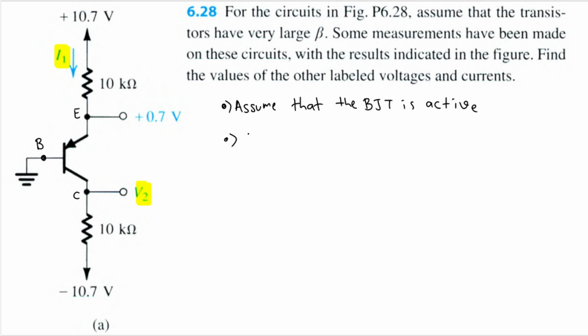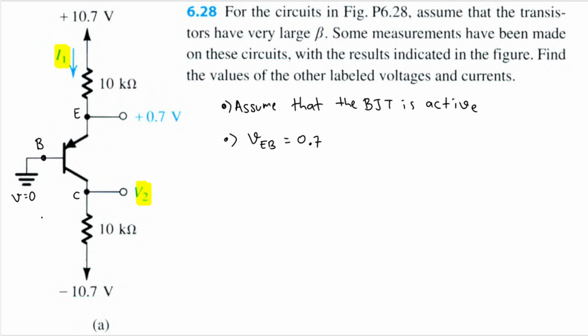But here we will have VEB equal to 0.7. And we know that is valid because this is 0.7 and this is the ground, so the voltage here will be 0. Great.